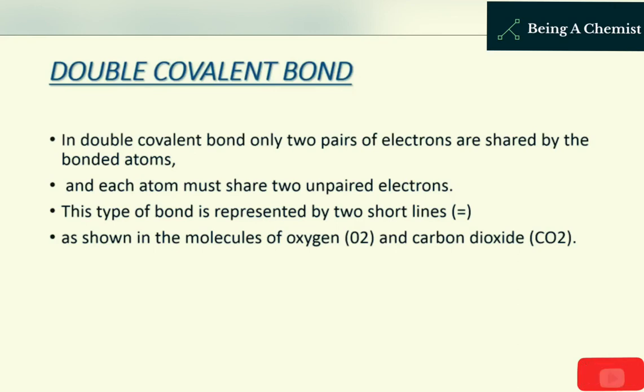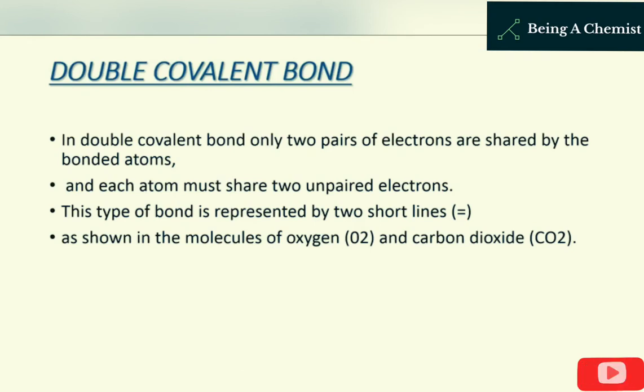Double covalent bond is the second type of covalent bond. In double covalent bond, 2 pairs of electrons are shared by the bonded atoms, and each atom must share 2 unpaired electrons. This type of bond is represented by 2 short lines, as shown in the molecules of oxygen and carbon dioxide. As we have already discussed, the example of carbon dioxide shows the formation of double covalent bond.